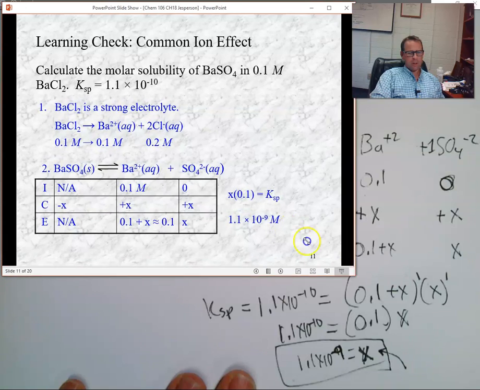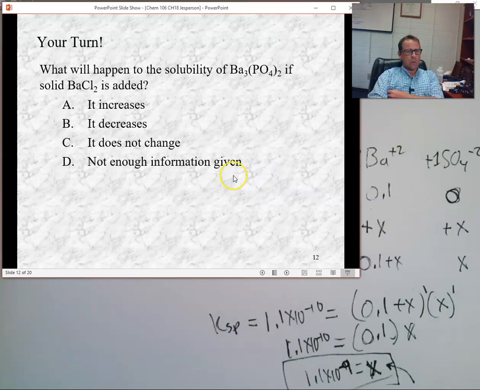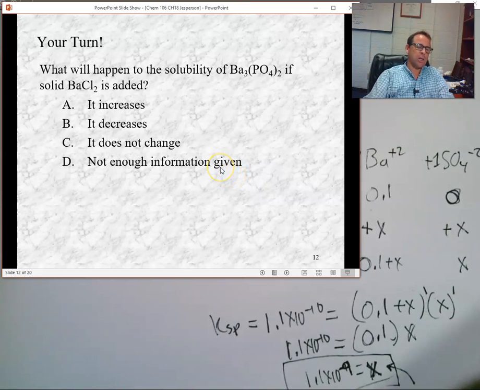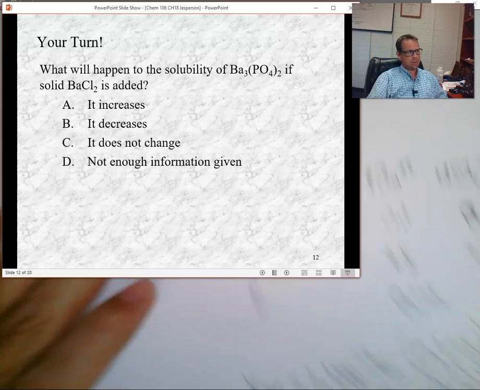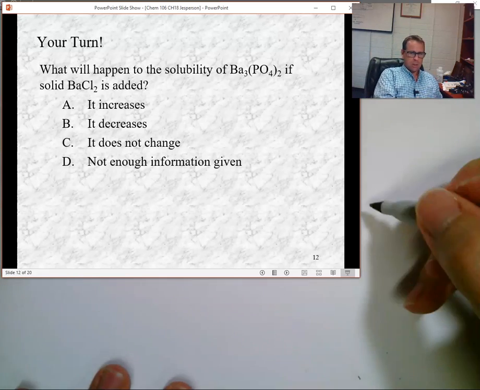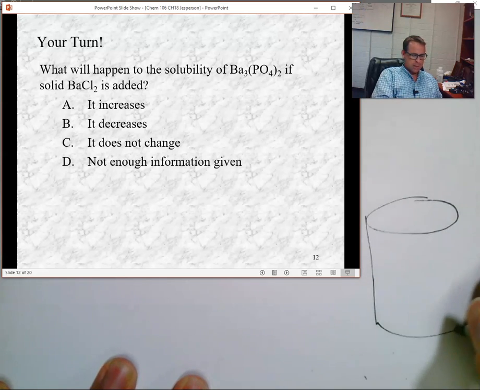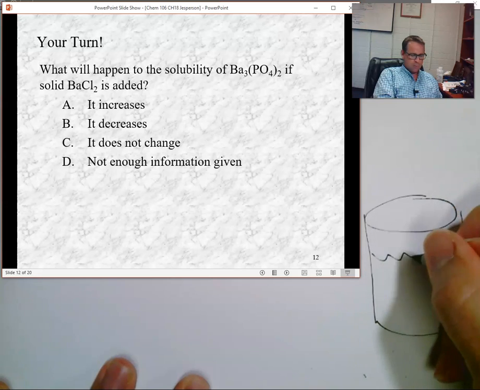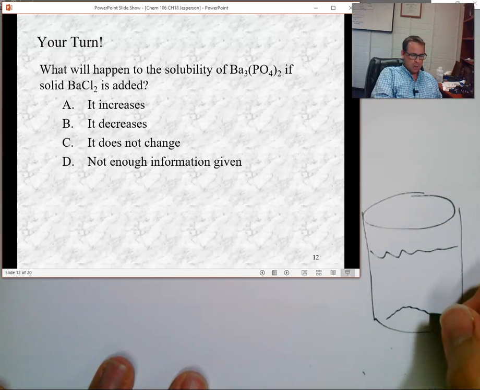Okay, very good. Let's see. How will the solubility of barium phosphate change if barium chloride is added to it? All right, so Sarah, you're going to try to think about this problem for a second. Let me draw a picture so we know what it's asking. I have in this solution a pile of barium phosphate.